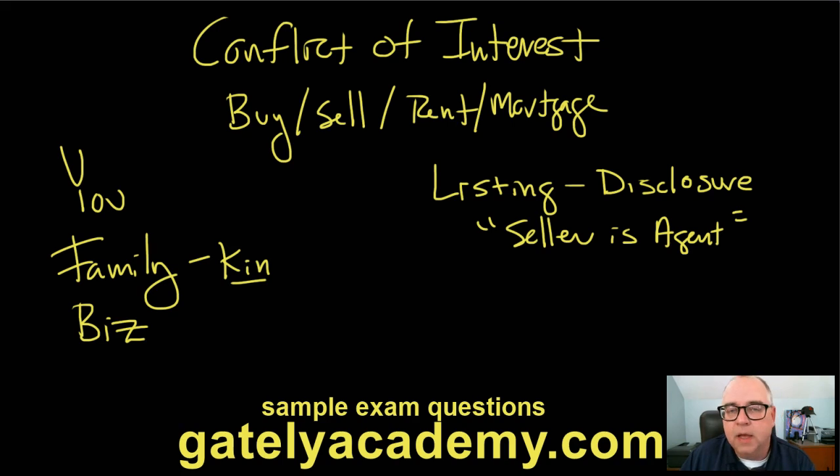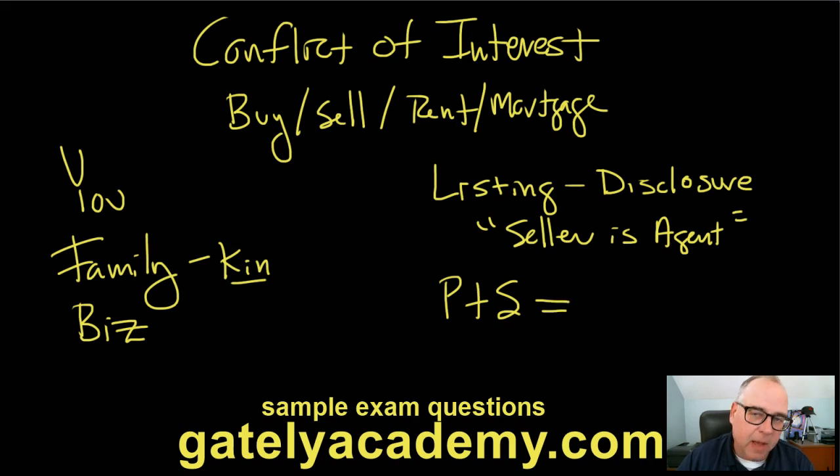Very, very simple. Later on in the process, you also want to include this language in the purchase and sale agreement. I might actually just copy and paste it over to the purchase and sale agreement and also add the actual names so that we know exactly who is who in the purchase and sale agreement.